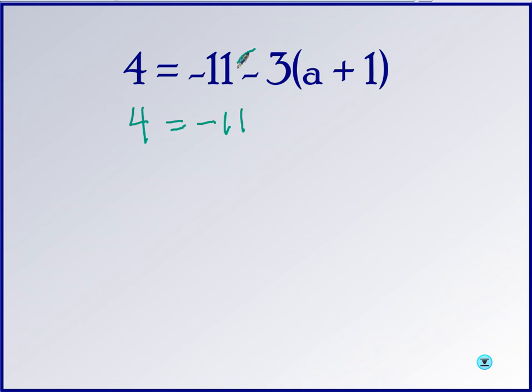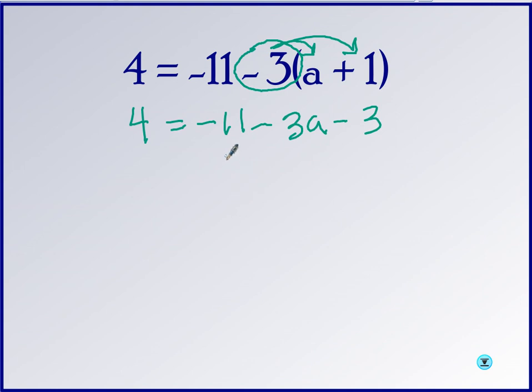But now I'm going to take negative 3, remembering that the sign in front of a number stays with that number, and I'm going to multiply everything inside my parentheses by a negative 3. So I get a negative 3a and a negative 3. That was my distribution step.